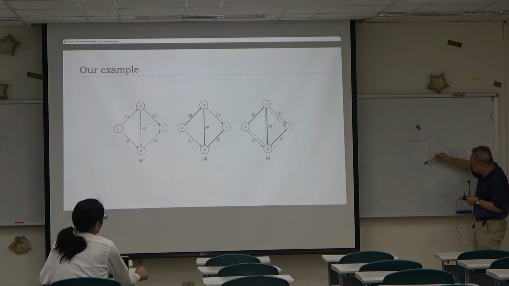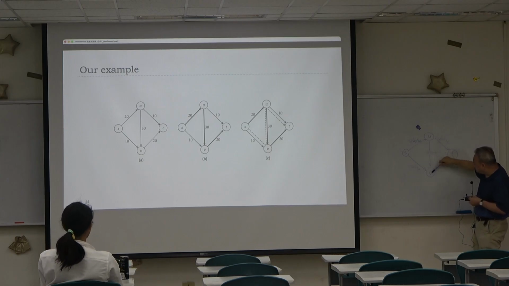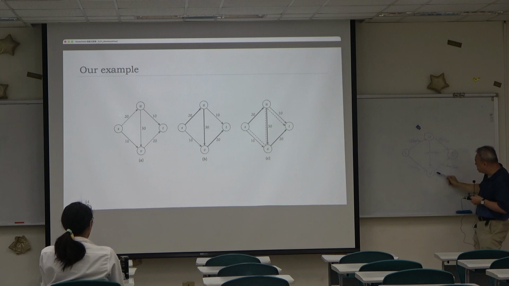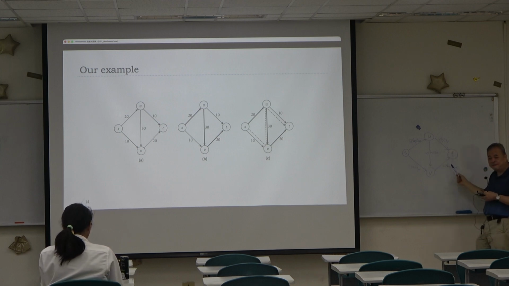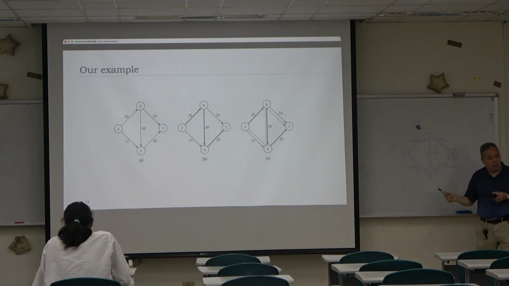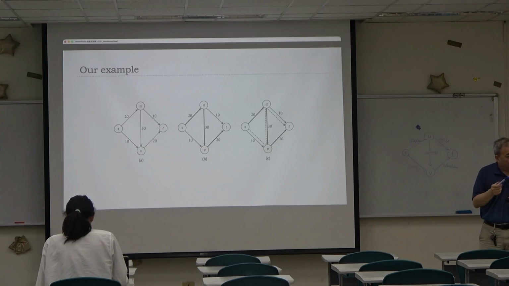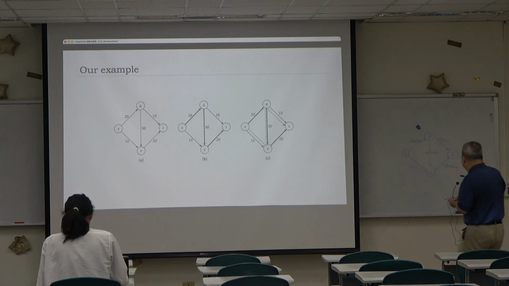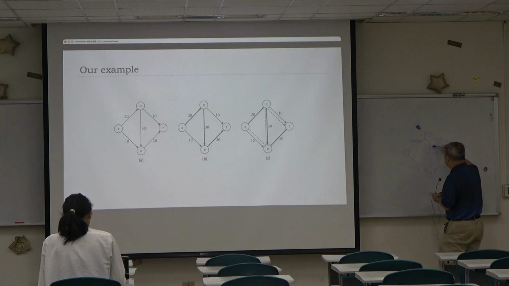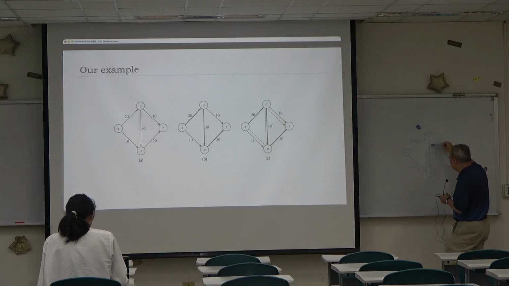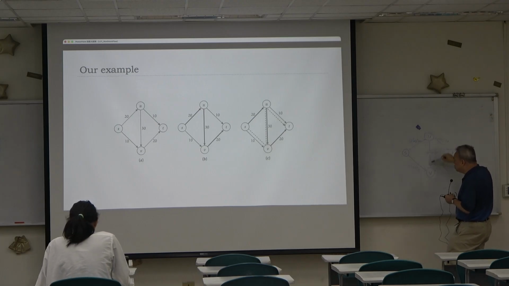For this node, incoming flow is 10 and another 10, and we have outgoing flow 20 here, right? So we use that back flow in order to utilize this edge.